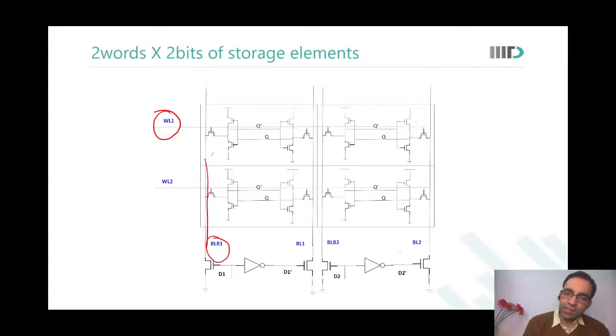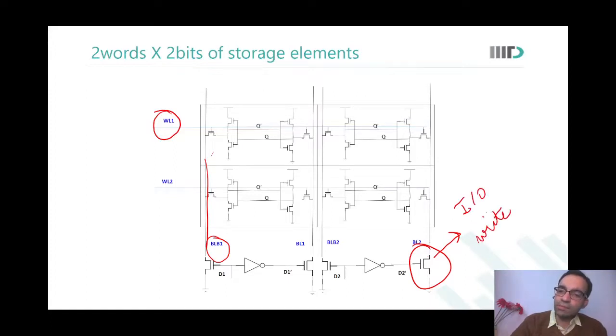And these D1, D2 NMOSs are now available not inside the memory cell, but in the IO region, and we will call them write drivers. Is that okay? Any questions? Clear?